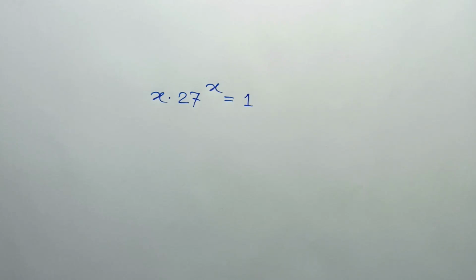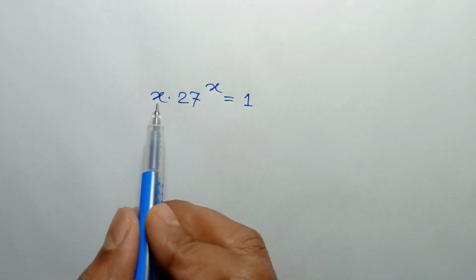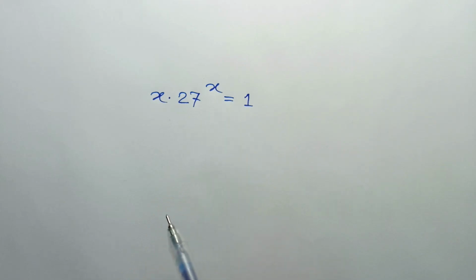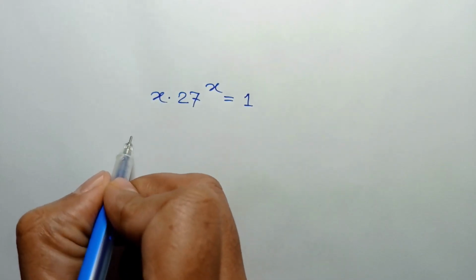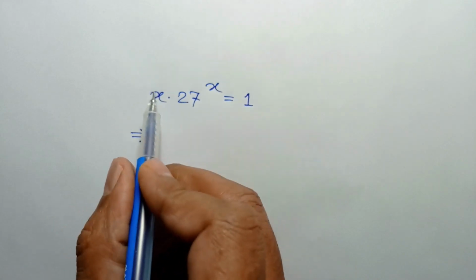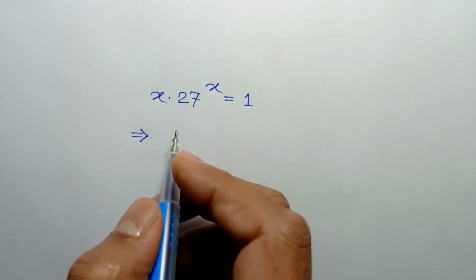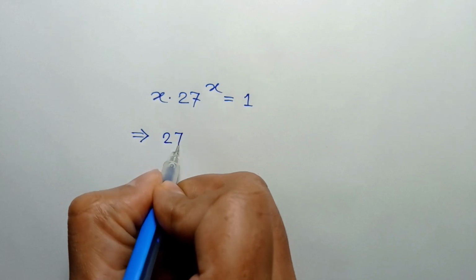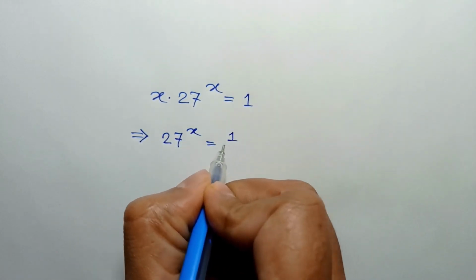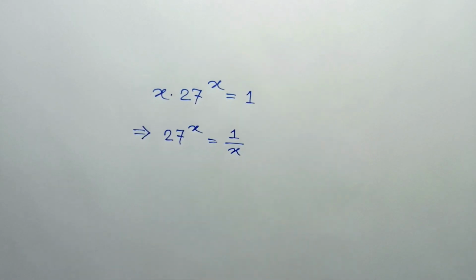Hi everyone, in this video I am going to show how to solve x times 27 to the power x is equal to 1. Or, dividing both sides by x, we can write 27 to the power x is equal to 1 over x.